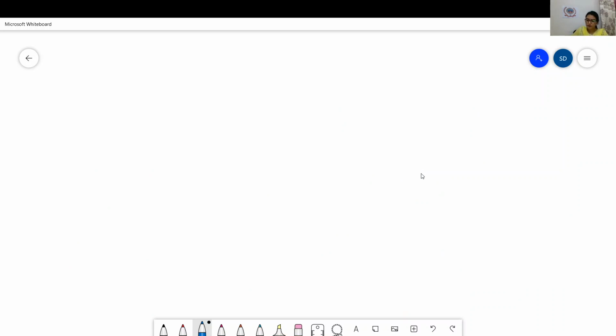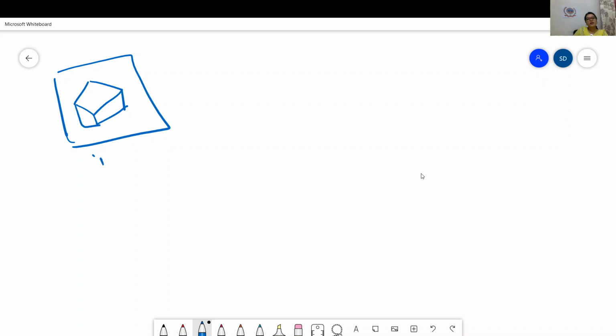Let us say you are having such kind of object present in your image. So this is your object. Generally what you will do, you will find the edges.